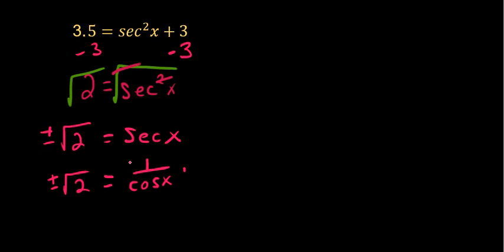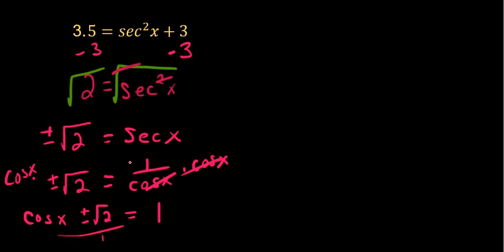I have to multiply both sides by cosine to get rid of the fraction. It's going to cancel over here, and I'm going to have cosine x times positive and negative square root of 2 equal to 1. I'm trying to get that cosine x by itself, so I'm going to divide by positive and negative square root of 2. And over here on the left, that's going to cancel.